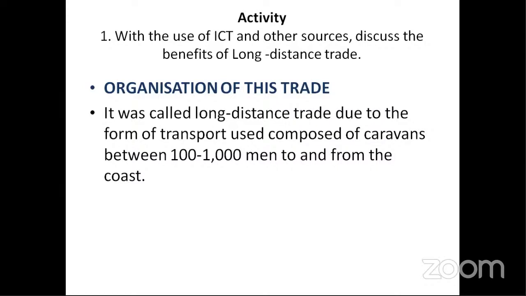The trade was composed of caravans between 100 to 1,000 men to and from the coast. So we are saying it was called the long distance trade. Yes. Why? Because of the type of transport they were using. They were moving from one area to the other, but again moving long distances. People could move in caravans. Okay.